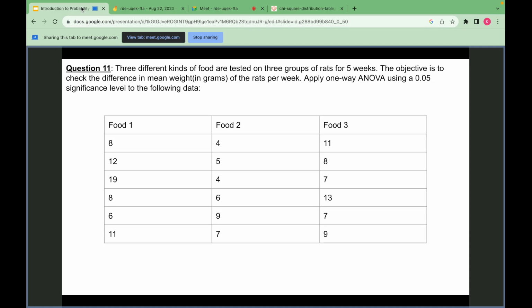This ANOVA technique is a hypothesis test regarding the equality of 2 or 3 population means by analyzing their variance. So by analyzing the variance of these 3 food categories, we will tell whether these 3 populations are the same or different.